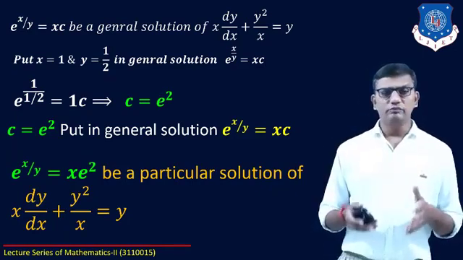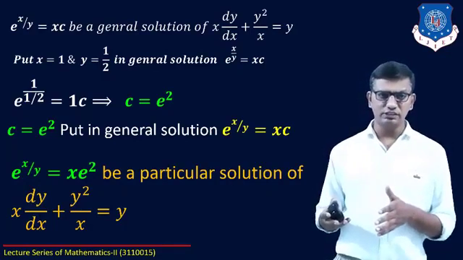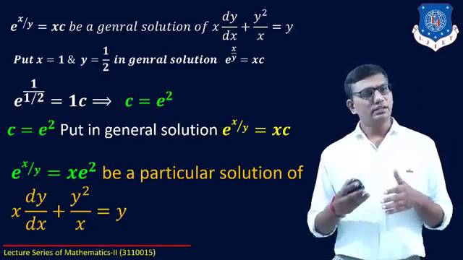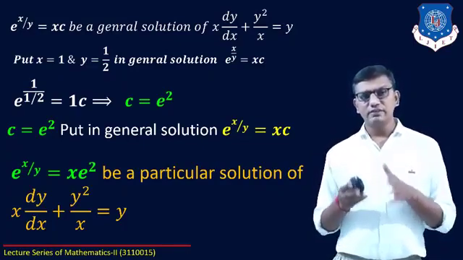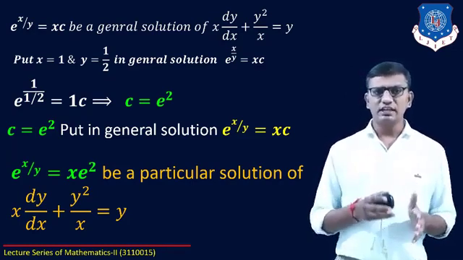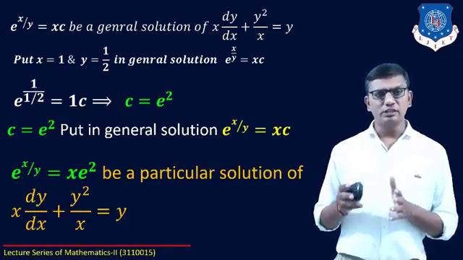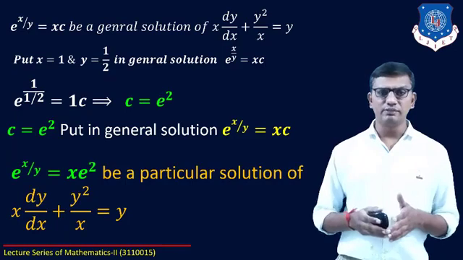Here first of all we convert our Bernoulli's equation into the first order first degree linear differential equation and then solve the linear differential equation by integrating factor, and after solving this we use the initial value conditions which are given in the question, x equal to 1 and y equal to 1 by 2, and find the particular value of c. Then we get the particular solution of our differential equation.